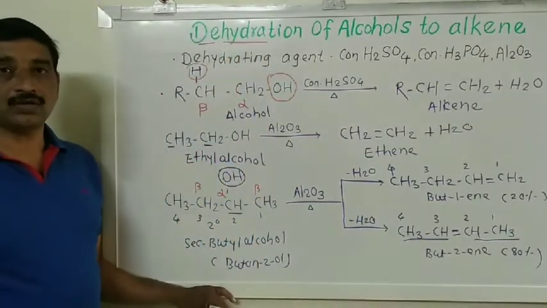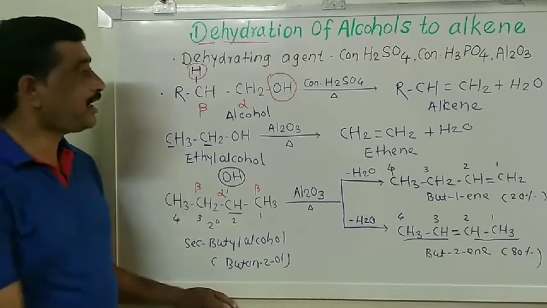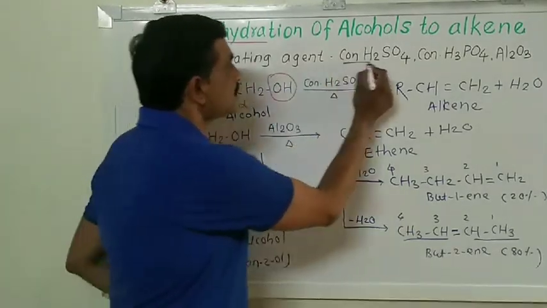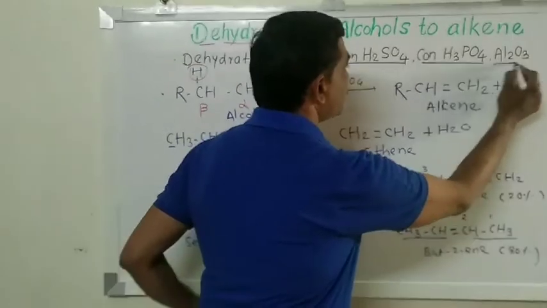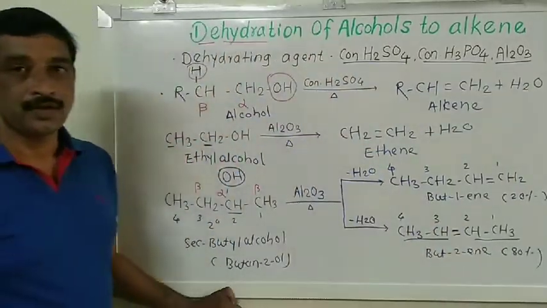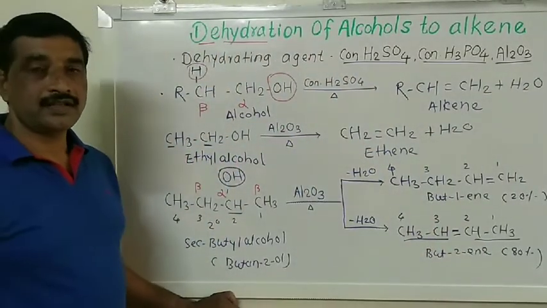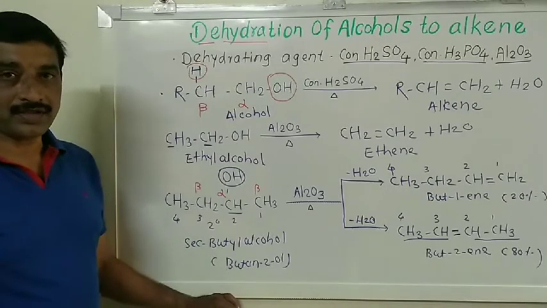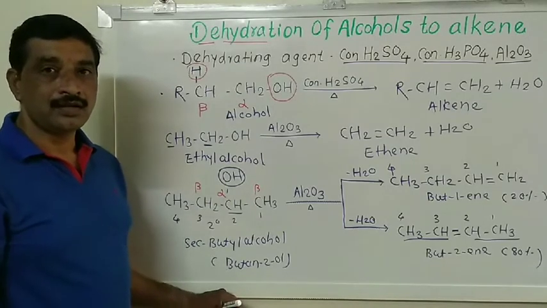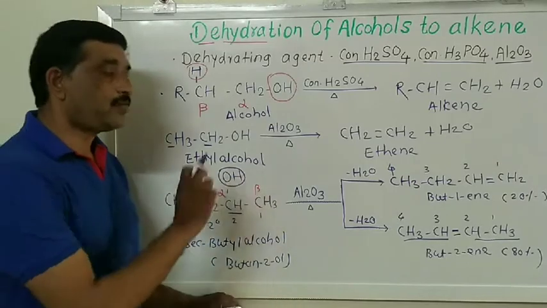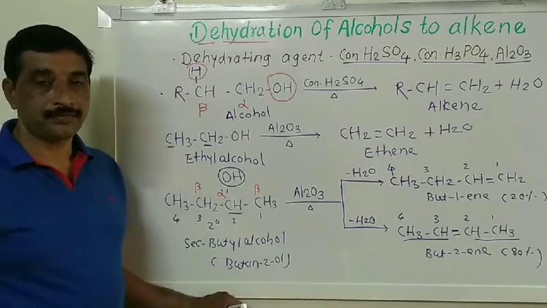In this way, when alcohols are treated with dehydrating agents such as concentrated sulfuric acid, concentrated phosphoric acid, or alumina, a water molecule is eliminated from the alpha and beta carbon atoms, and the formed products are alkenes.